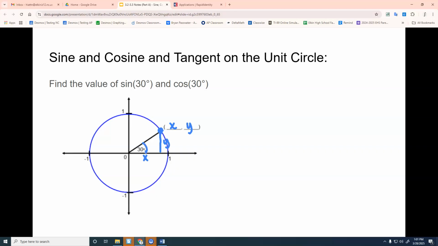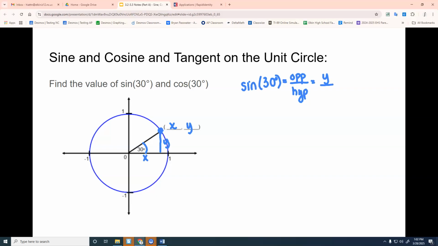If I want to find sine or cosine of an angle, right? Sine of an angle, particularly 30 degrees, but it could be any angle, would equal, sine is opposite over hypotenuse, right? So the opposite side would be the y in this case.